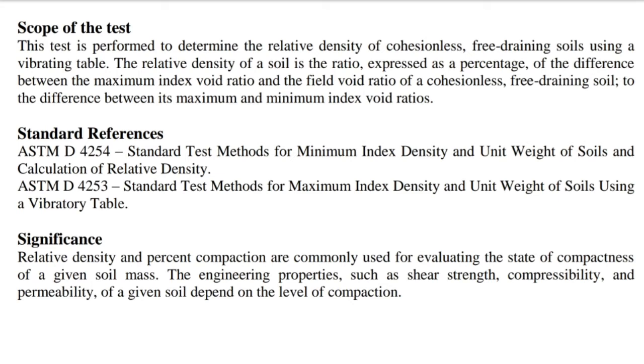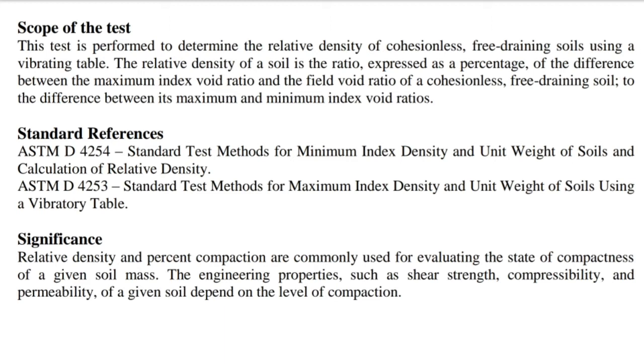Standard references: ASTM D4254, Standard test methods for maximum index density and unit weight of soils and calculation of relative density. ASTM D4253, Standard test method for maximum index density and unit weight of soils using a vibratory table.